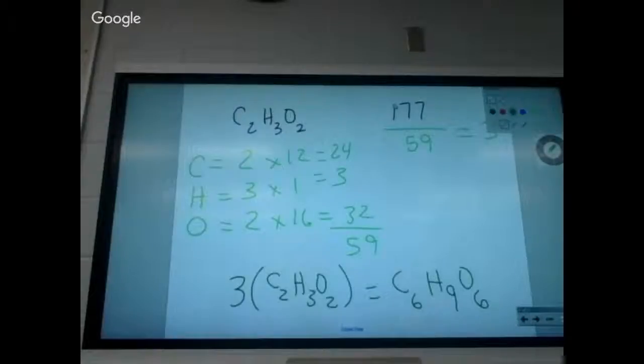Can I get my blue sheet out? No, you don't need the blue sheet. I can't find sulfur. Sulfur's number 16.